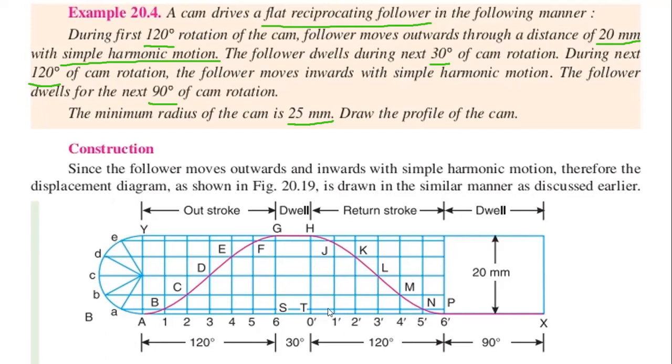So we have to divide the 120 degrees section of the return stroke into 6 equal parts.